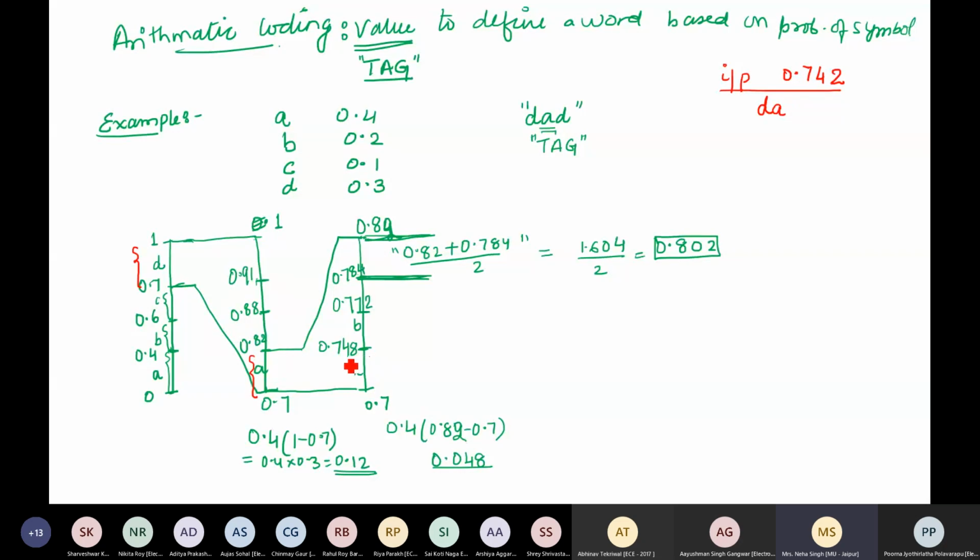The 0.742 value will lie in this range, right? It means what must be the symbol that I should have been transmitted? It should have been A. So my next considered symbol is A. Since I have three decimal places, I have got three symbols.